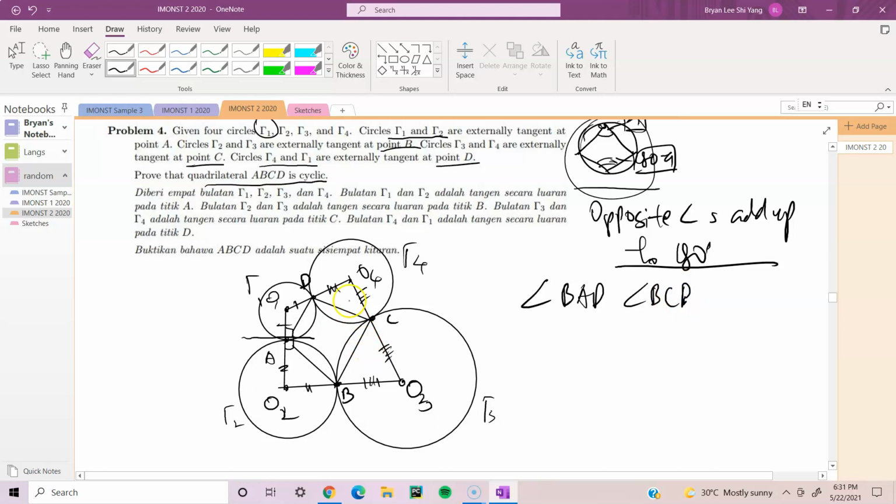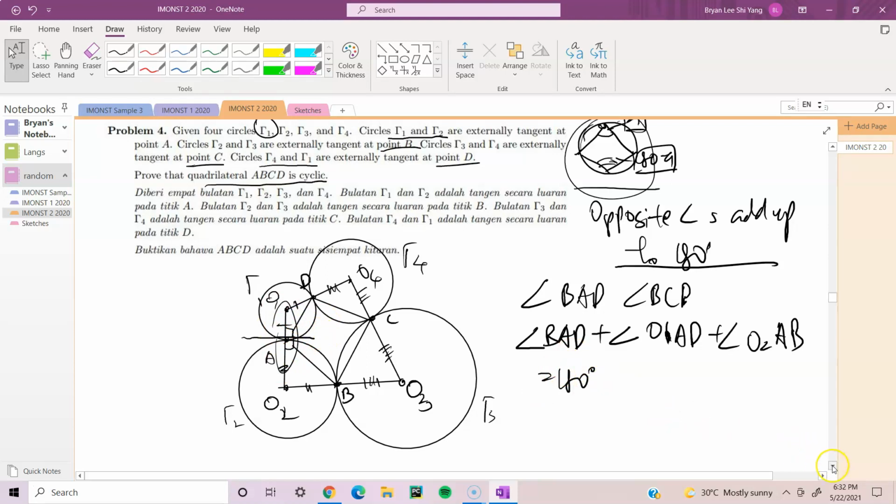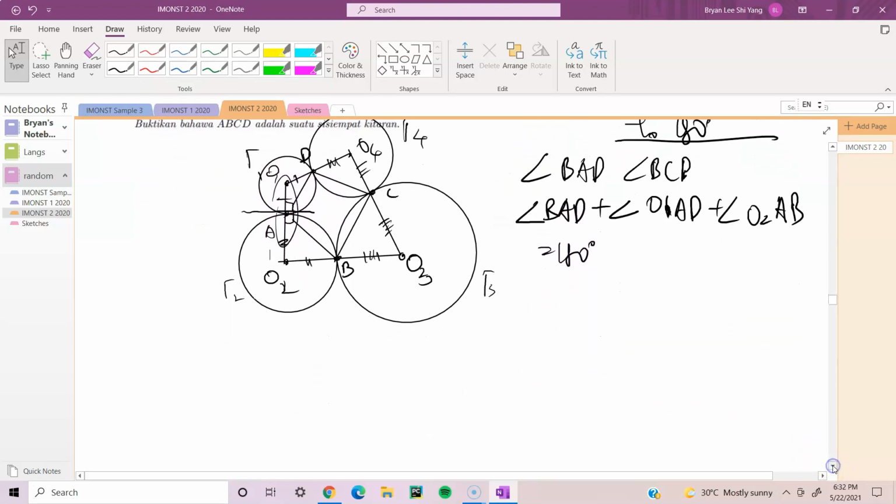Give me a moment. We have angle BAD plus angle O1AD plus angle O2AB equals 180 degrees because it's a straight line. As we say, this is a straight line. Now let's move down a little bit because we need more space to write some stuff.